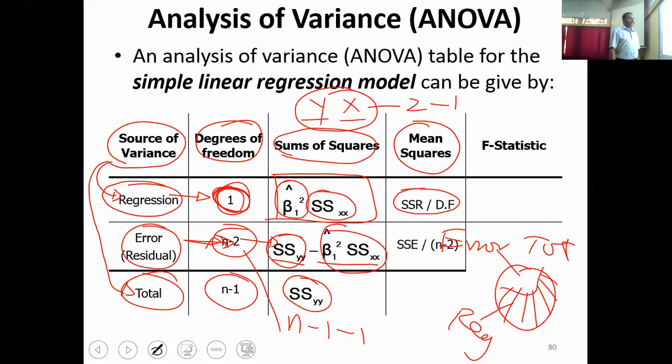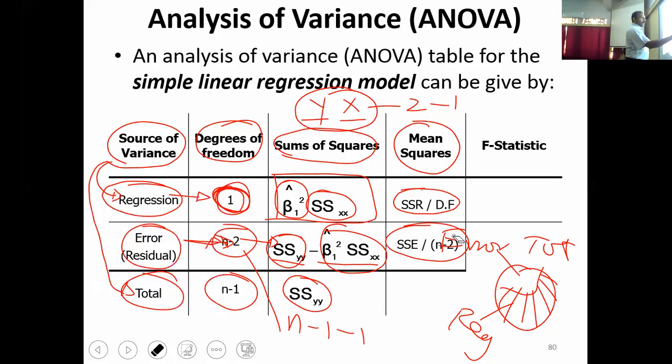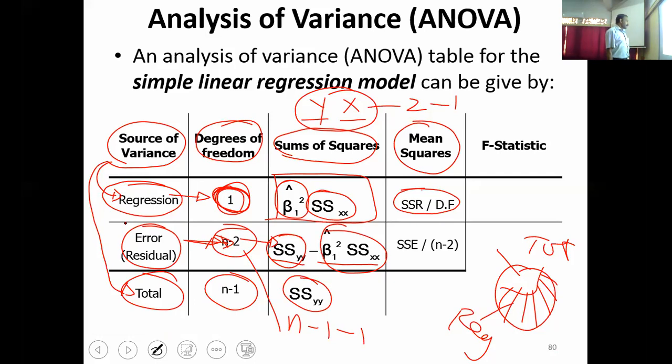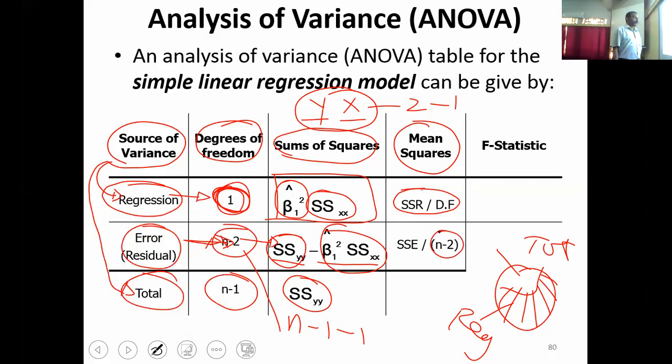Then the error mean square is the sums of square of error divided by their respective degrees of freedom, which is N minus 2.